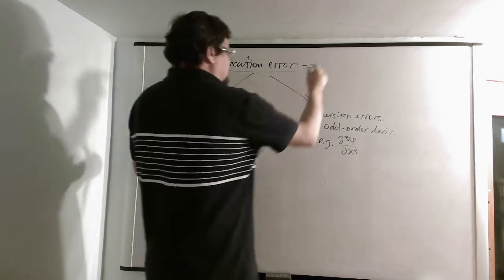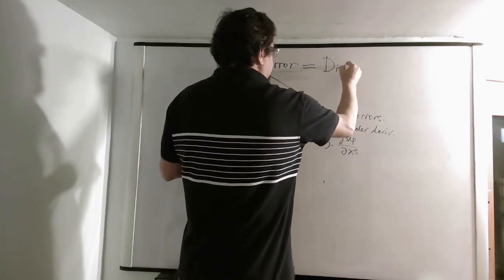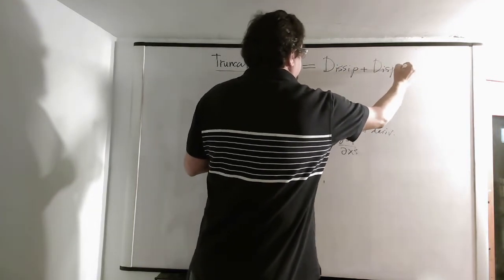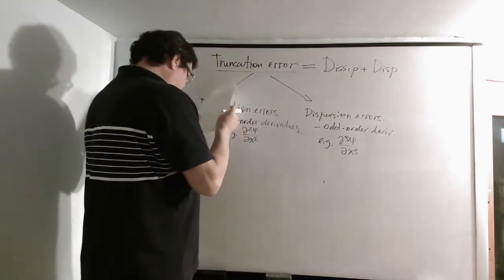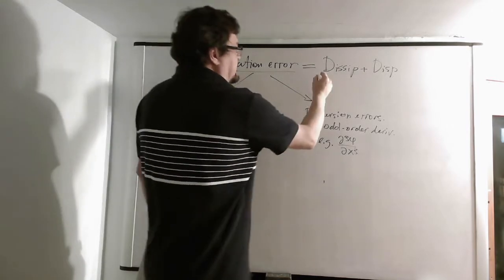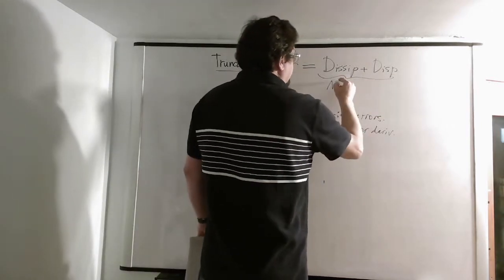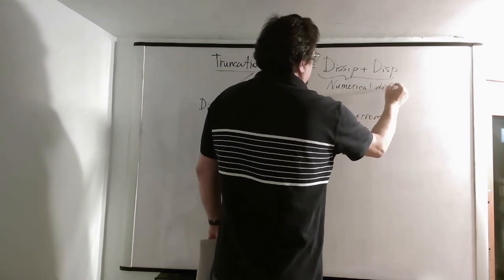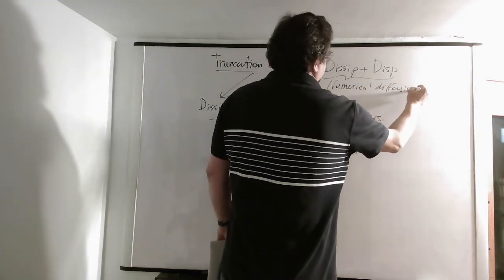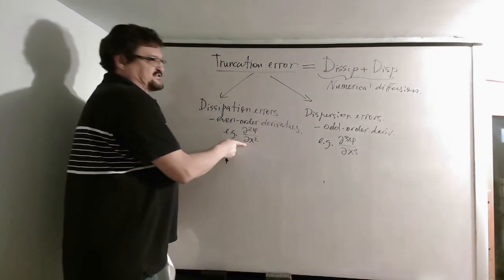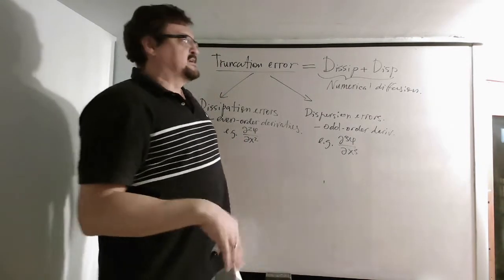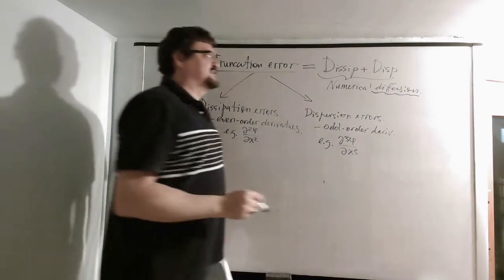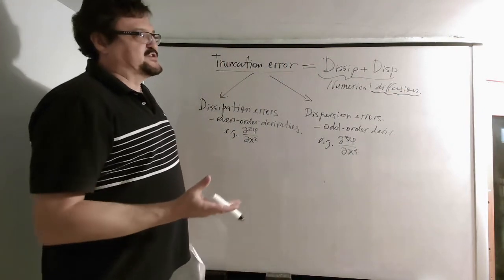So truncation total error is the same thing. It's dissipative plus dispersion error, which together is called numerical diffusion. Even though it's a little bit of a name, this is what we usually associate with diffusion, but this is basically not a very consistent name, but this is the term which is used.